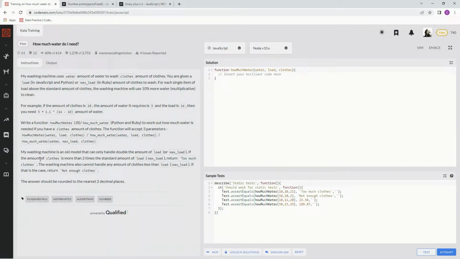If the amount of clothes is more than 2 times the standard amount of load, return too much clothes. The washing machine also cannot handle any amount of clothes less than the load. If this is the case, return not enough clothes. The answer should be rounded to the nearest 2 decimal places.